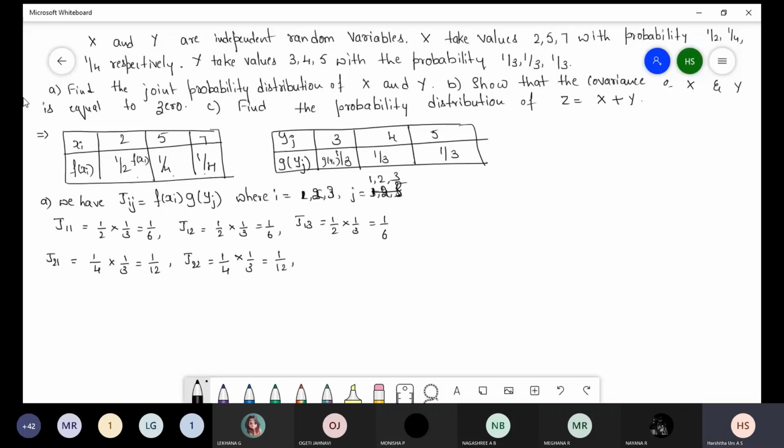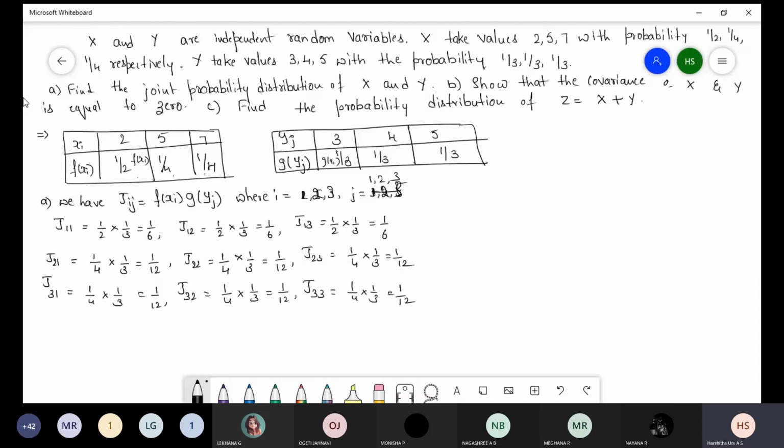Next, j23, 1 by 4 into 1 by 3. Next, j31, i is equal to 3, j is equal to 1, 1 by 4 into 1 by 3, 1 by 12. j32 is 1 by 4 into 1 by 3. j33, 1 by 4 into 1 by 3.